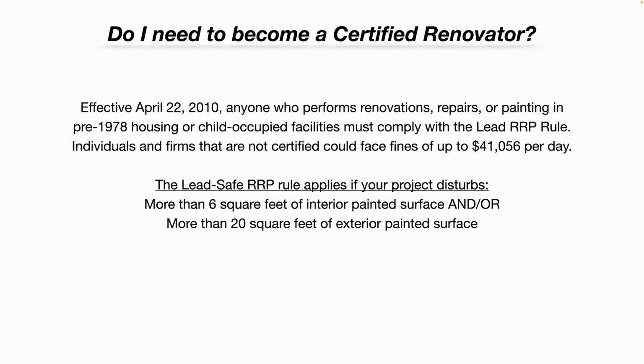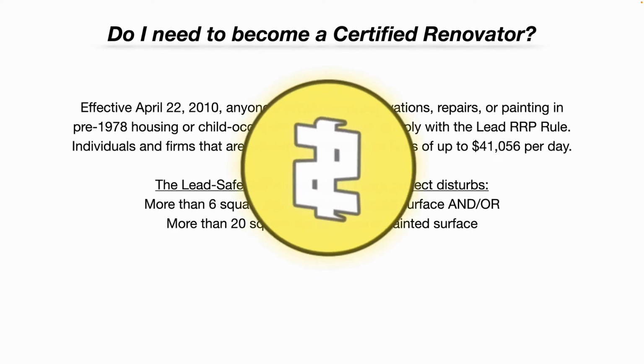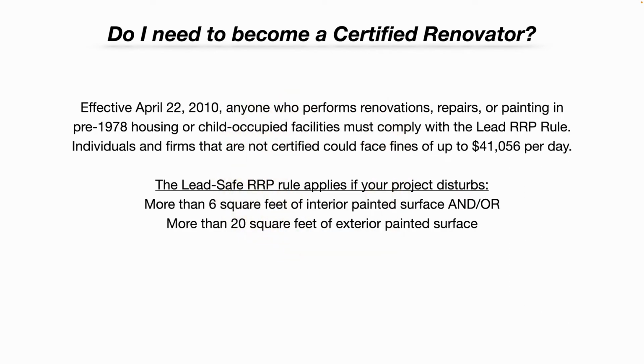Individuals and firms that are not certified could face fines up to $41,000 per day. The lead safe RRP rule applies if your project disturbs more than 6 feet of interior painted surface and or more than 20 square feet of exterior painted surface.